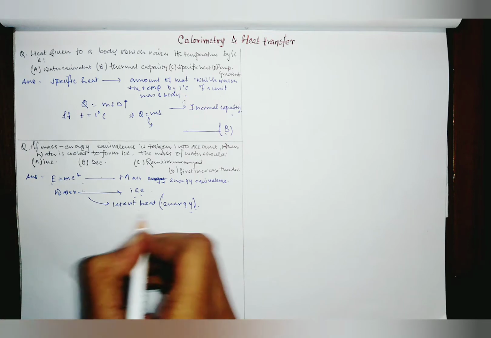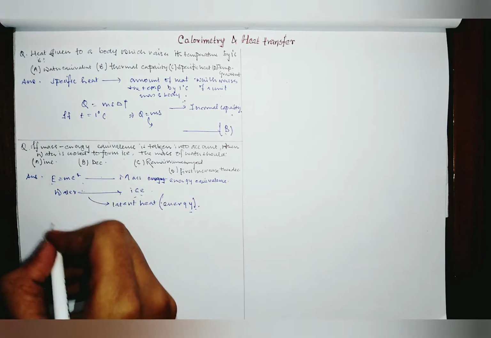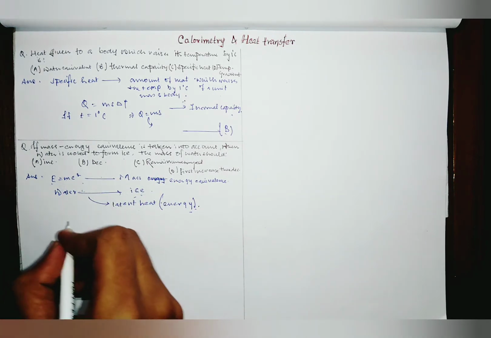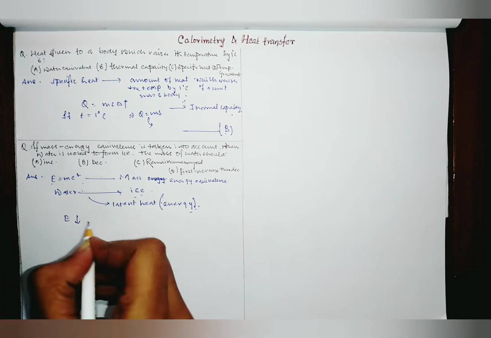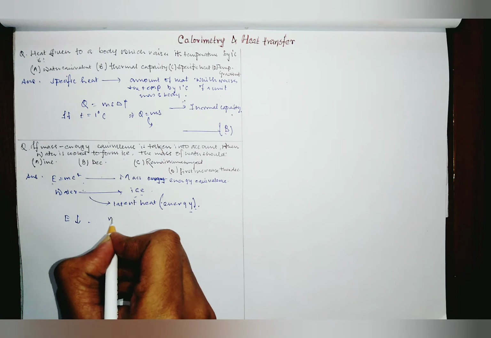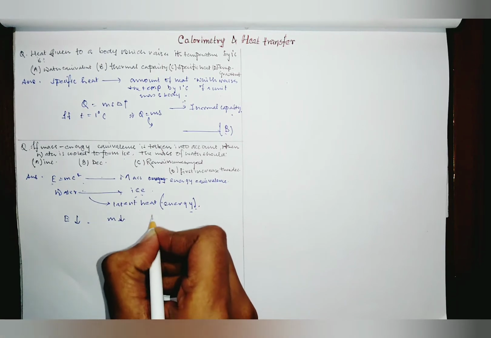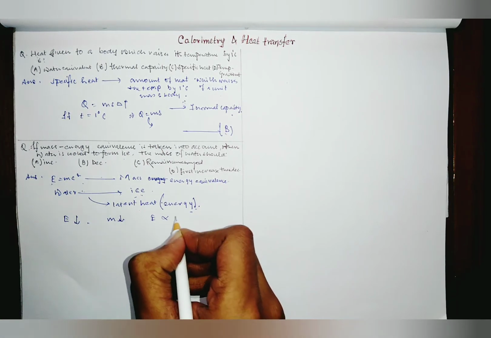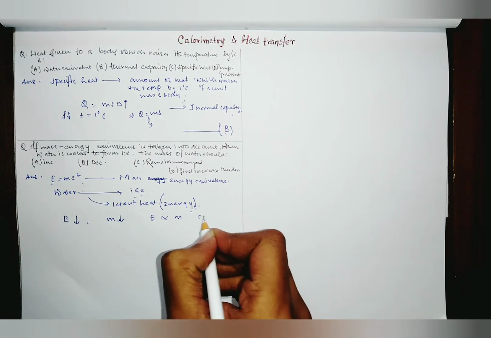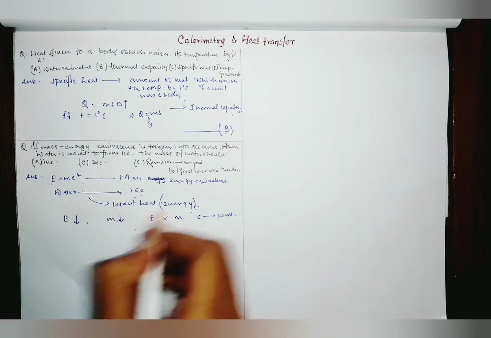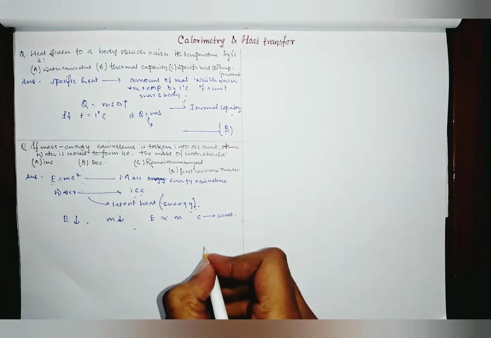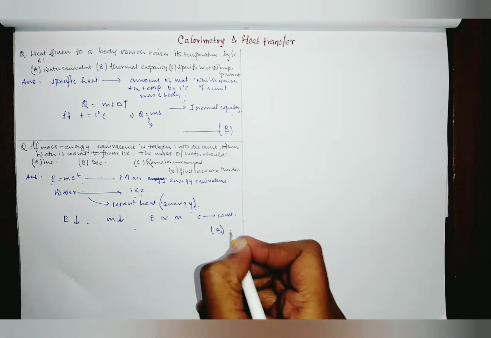Now if energy is coming out, it means energy is decreasing, so definitely mass must decrease because E is directly proportional to m, as c is a constant which is the speed of light. So the right answer is option B, which is mass is decreasing.